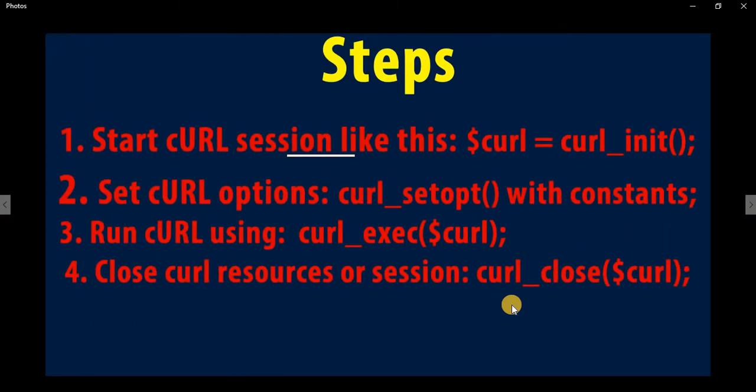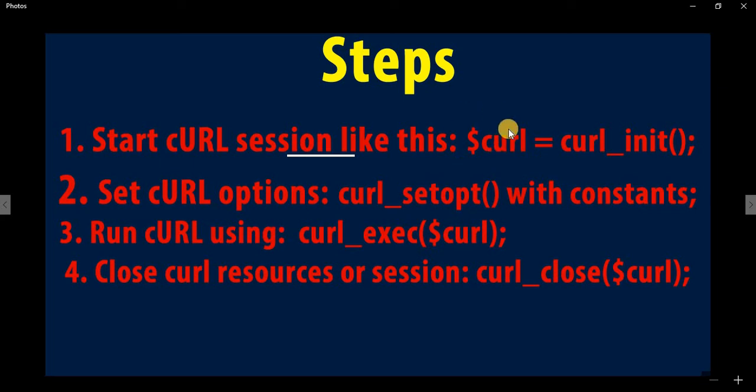And then the next thing that we're going to look at right now is the steps that one can take to create a script based on CURL. The first thing to do when you are trying to create a script based on CURL is to first of all start a CURL session.